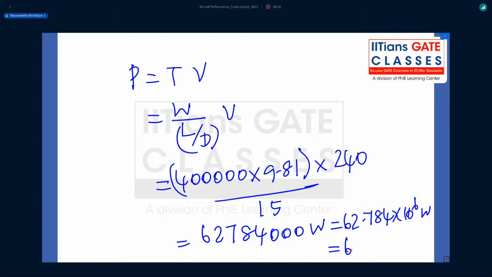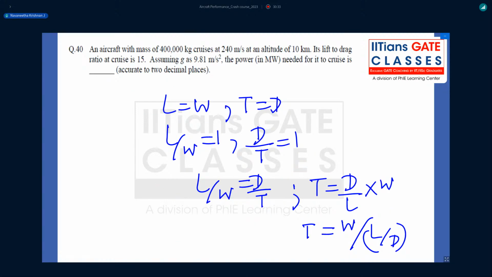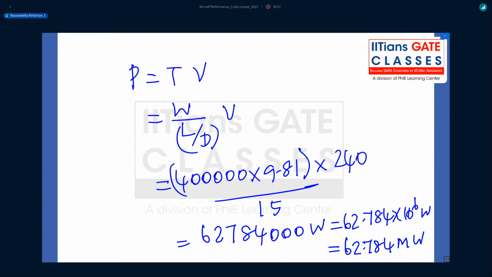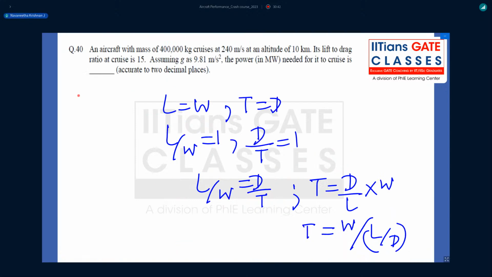That means 62.784 megawatts. Okay. If I round up to two decimal places, it is 62.78 megawatts. Yes, 62.78 megawatts. Okay.